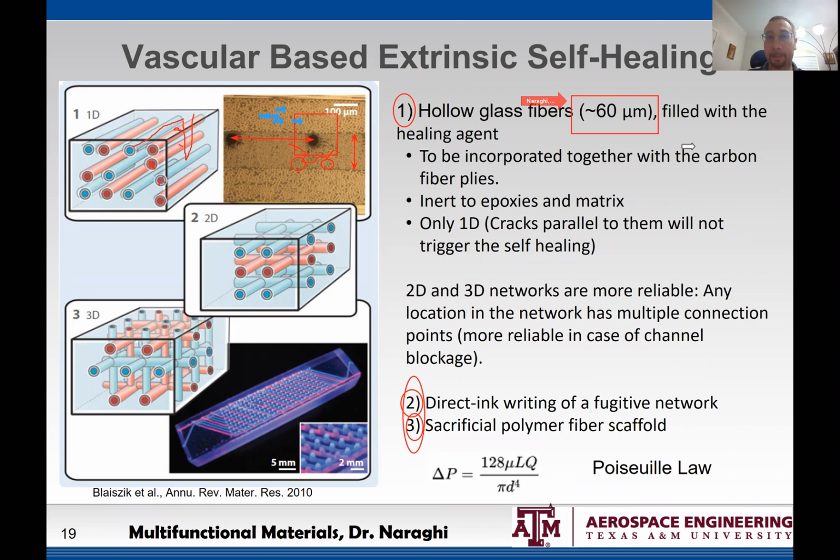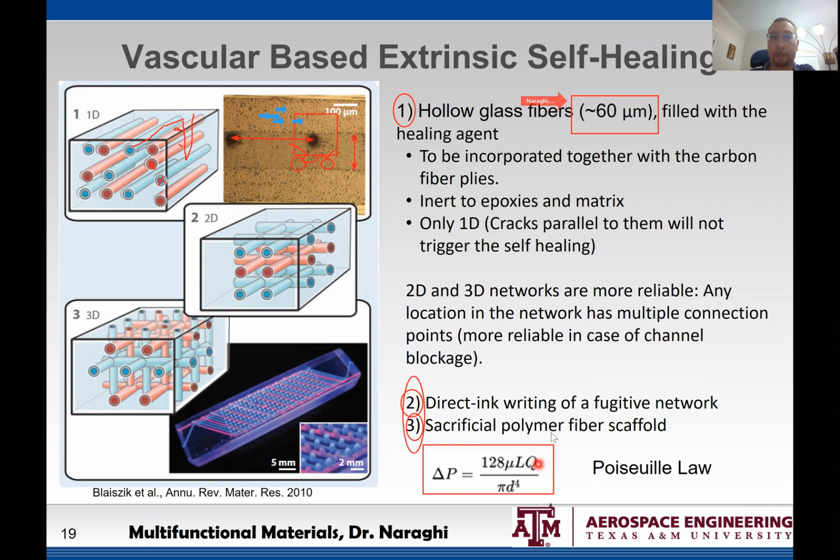From fluid dynamics, we know Poiseuille's law. It describes the laminar flow of a Newtonian fluid inside a tube, and it relates pressure drop. Let me tell you what each is. This is the pressure drop along a length L of the tube, this is viscosity, this is the diameter, and this is the flow.